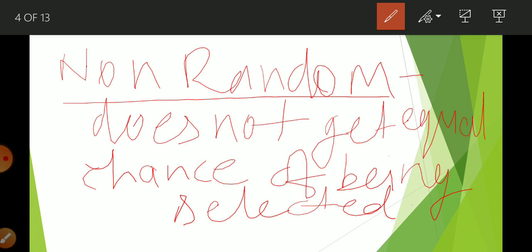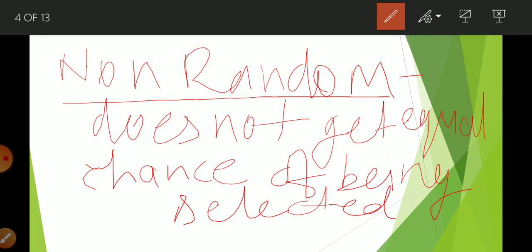He is not going to make a random sampling. He is not going to give chance to everyone, he is only going to give the chance to those who are good in the game. So this is non-random sampling. In this, those samples get chance who fit according to the inquiry.